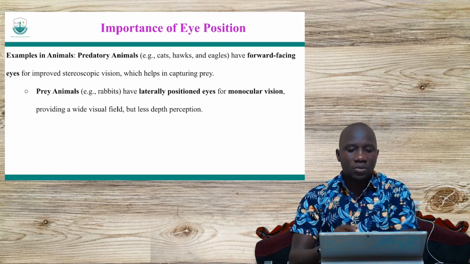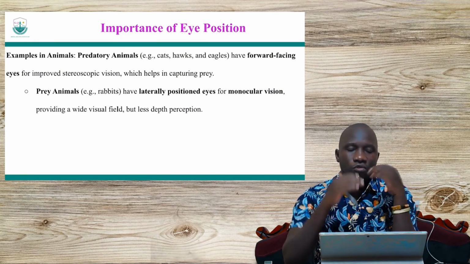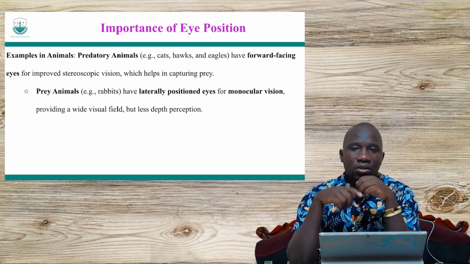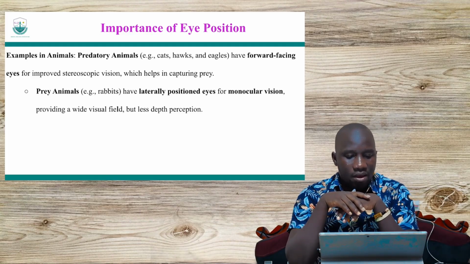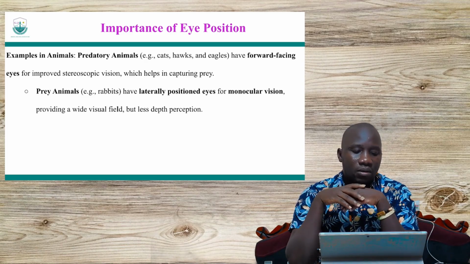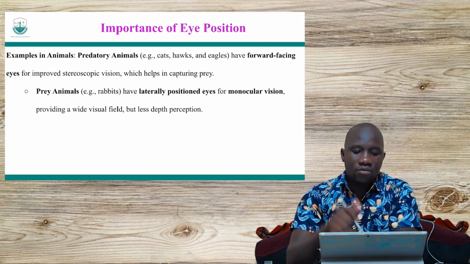Predatory animals like cats, hawks, and eagles have forward-facing eyes to improve the stereoscopic vision that helps them to capture prey. And then we have animals such as rabbits.